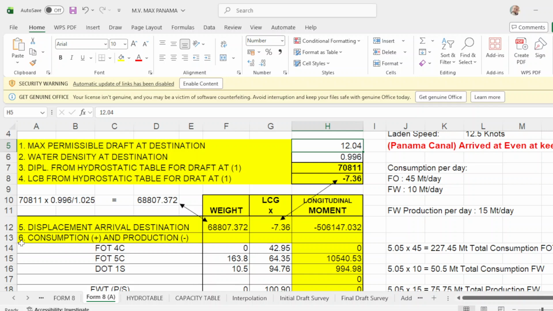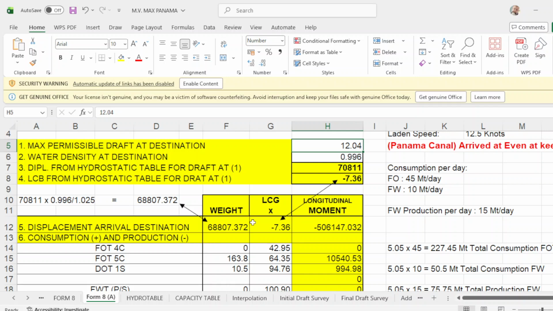What will be the displacement in seawater? Take note, seawater. So the formula is 70811 displacement times the density in Panama of 0.996 over 1.025 to convert this displacement to seawater displacement.